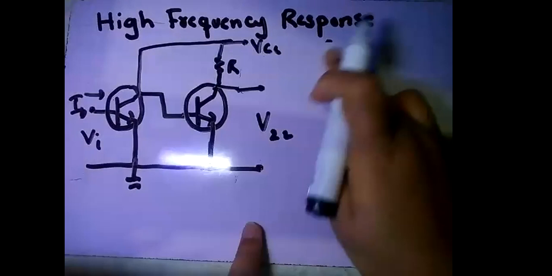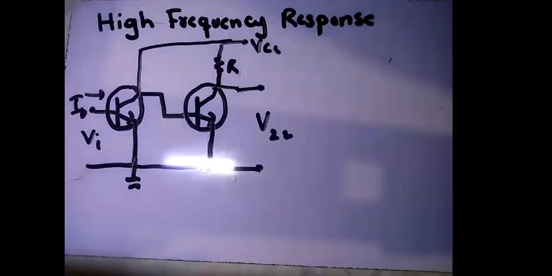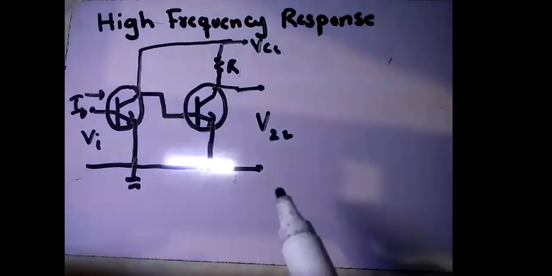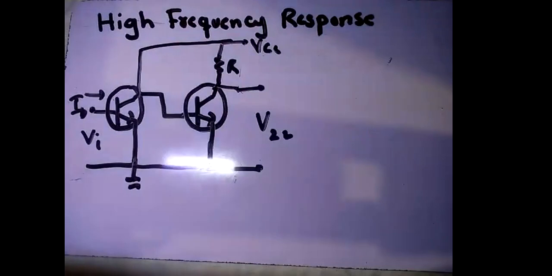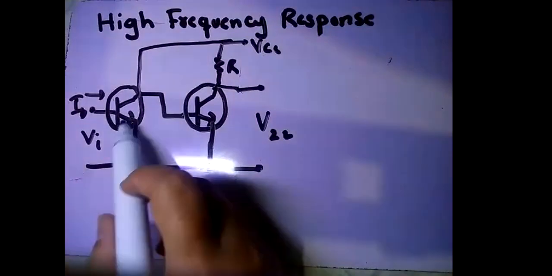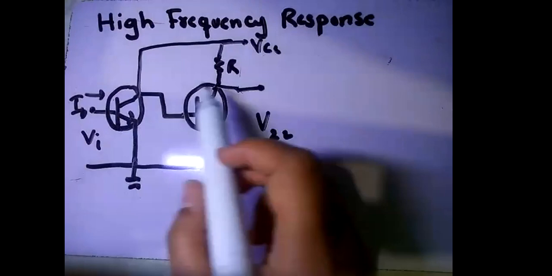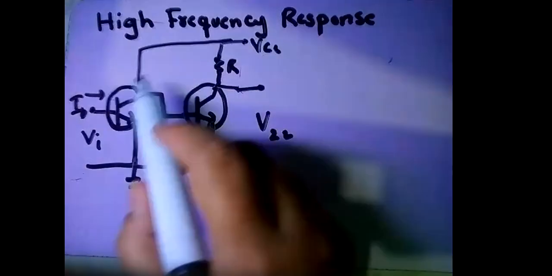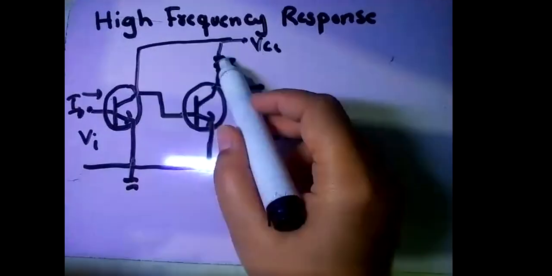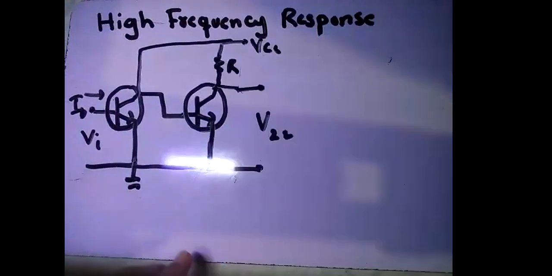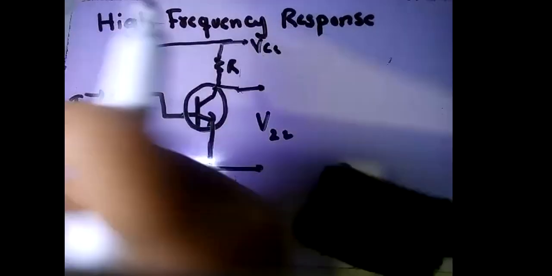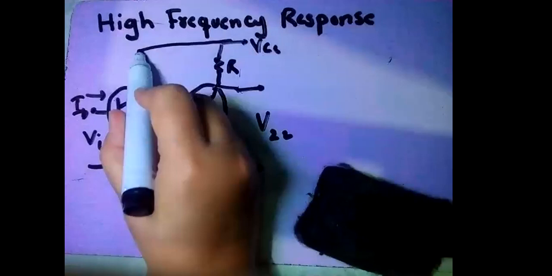Now, if we draw the equivalent circuit of this in order to calculate the high frequency response gain, it would be like that. It would be replaced with the internal resistance of this transistor, then the current source. After that current source, the resistor R will be lying there.